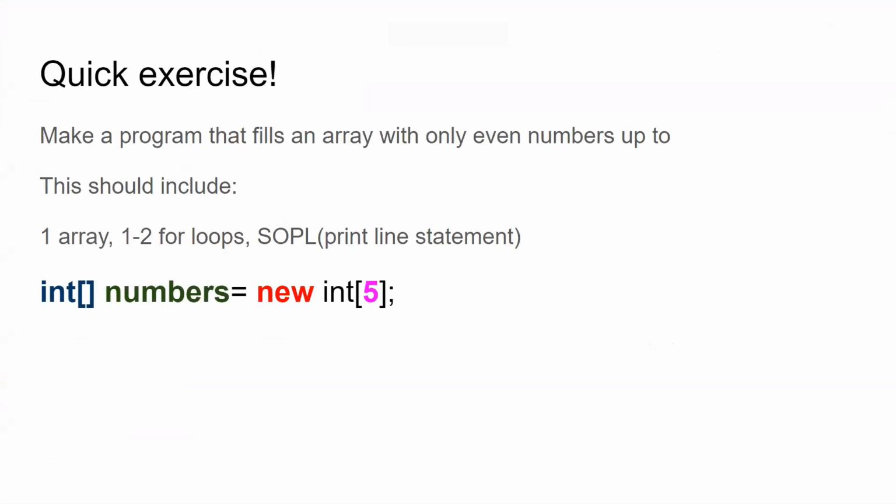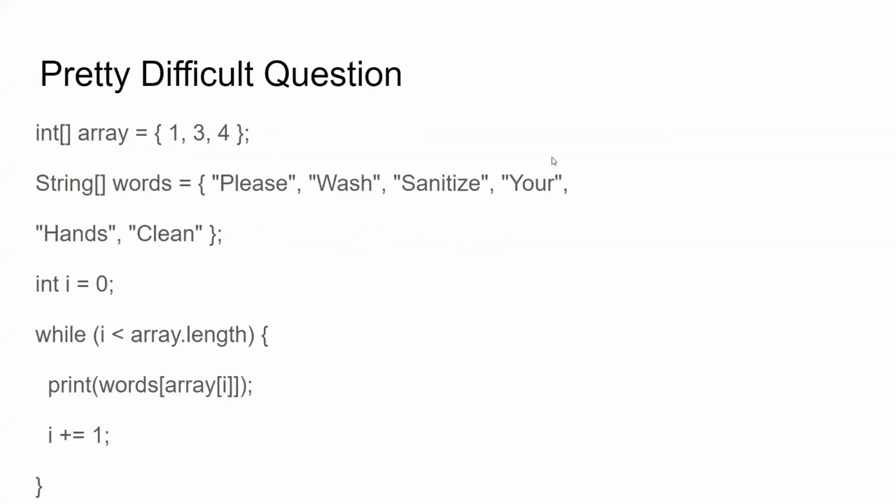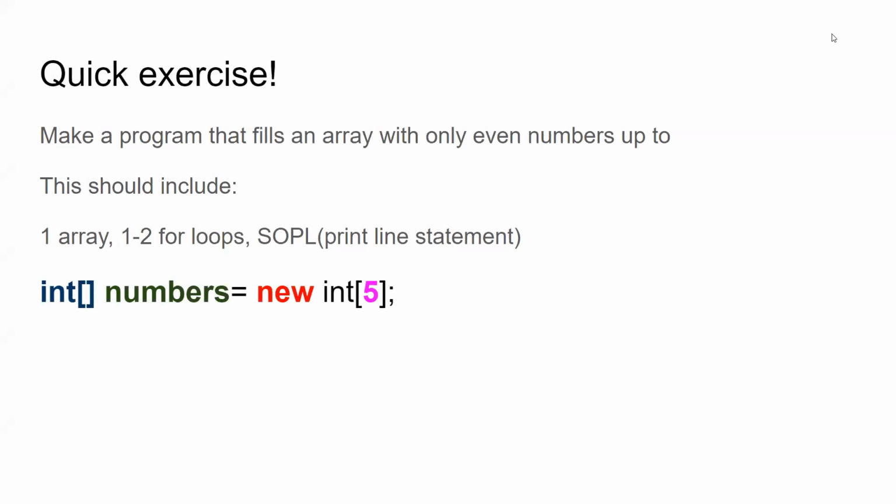Why don't we do this exercise? We're going to have you fill up this array with even numbers and then print it out. It doesn't say how much to fill it up to, but just make an array of length 5, which we already have for you here.